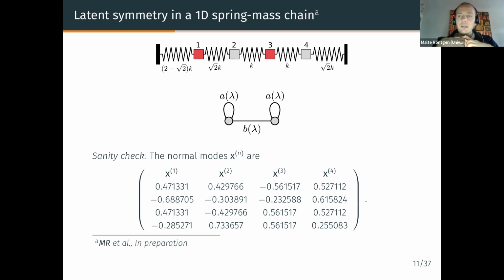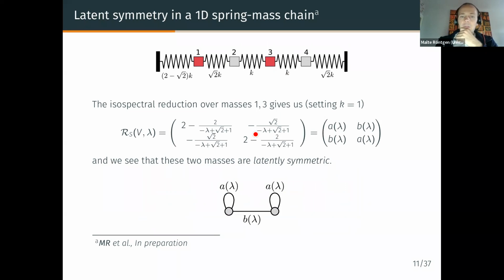Now, if you think about that, you can do this, of course, also to larger networks. Then, of course, the design will get more complicated. So in this case here, if I wanted to design these latent symmetries, I would give 5 different spring constants, leave them as free parameters, then do the isospectral reduction, which would then depend on lambda and on these 5 spring constants.